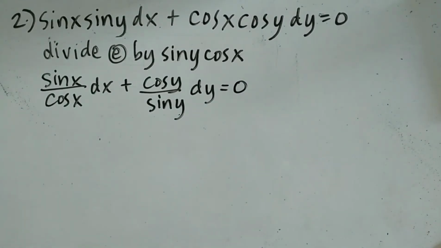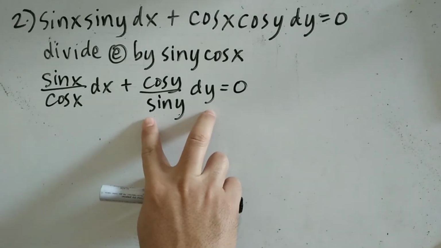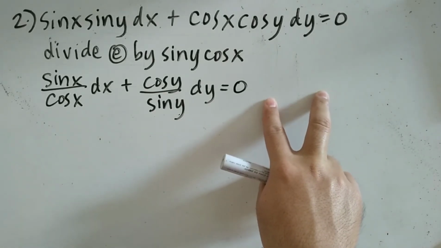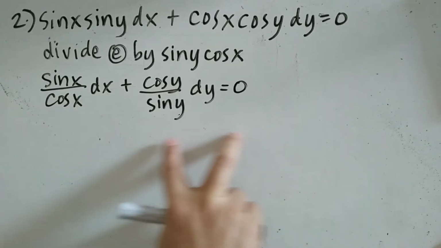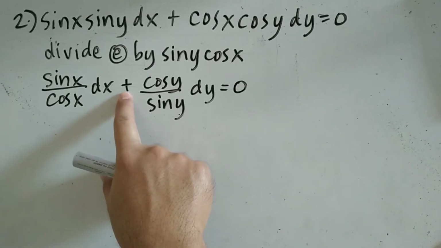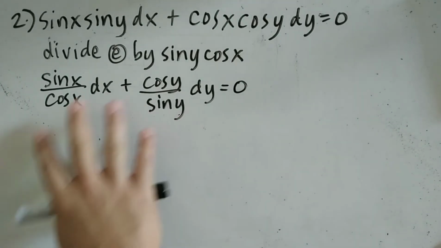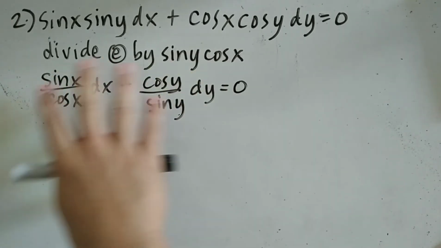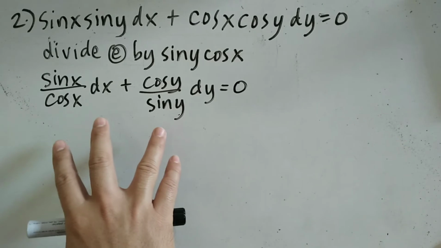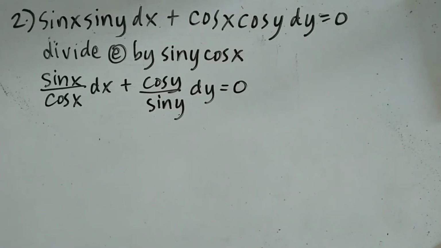Take note that in separation of variables, we do not have to transpose this term to the other side, because later we can transpose it again to the other side and the sign is the same. So we can just do our integration while having them on the same side.